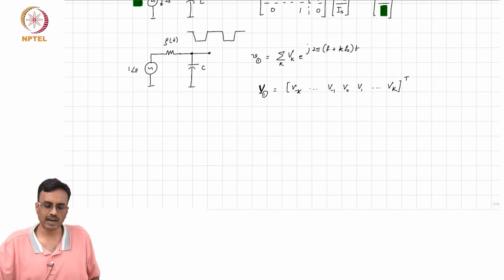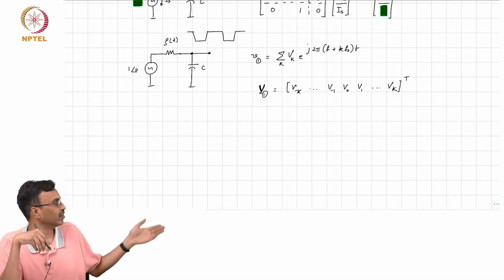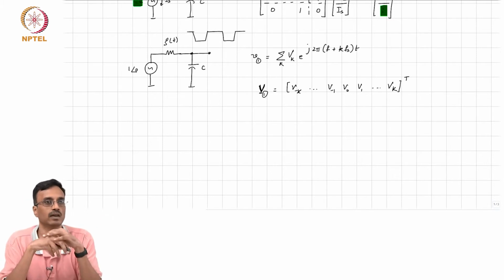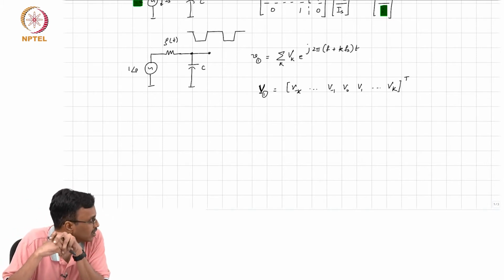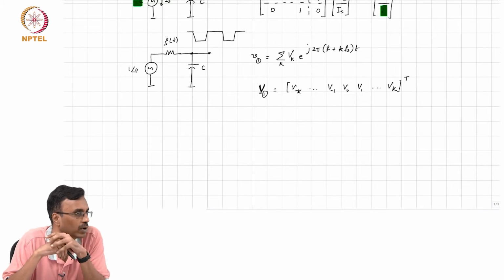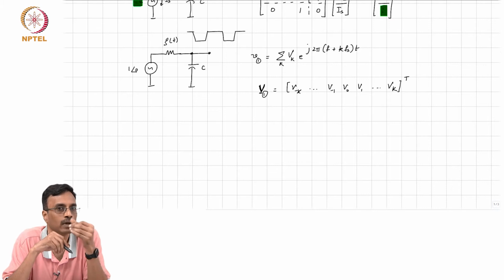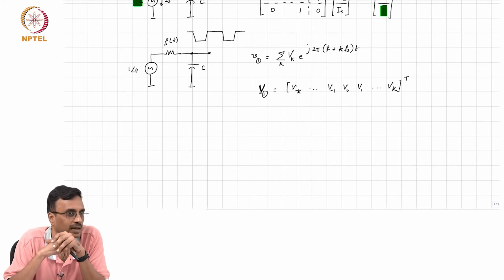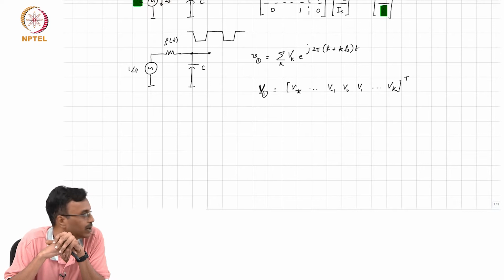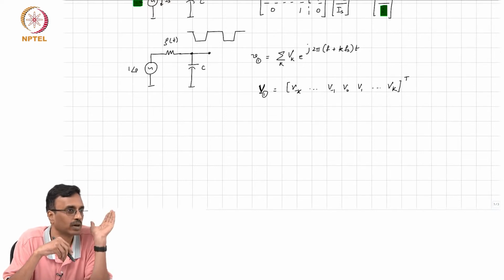And likewise, every branch current, which in the time invariant case was characterized by only one complex number, is now characterized by 2K plus 1 complex numbers. There's no point in complaining that this seems terribly complicated, but that's what life is.